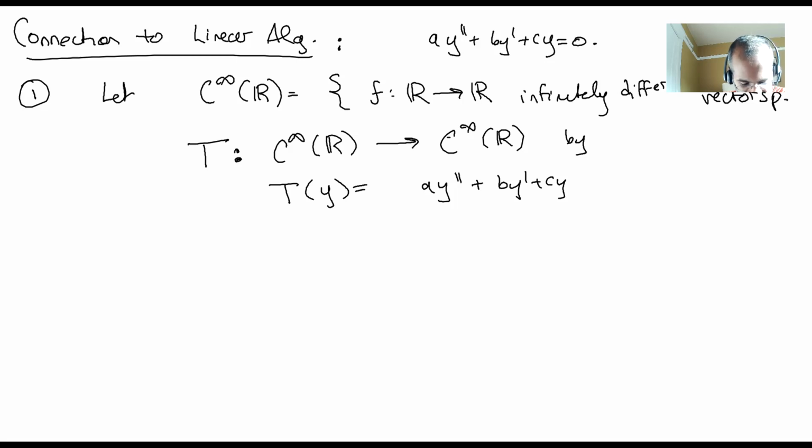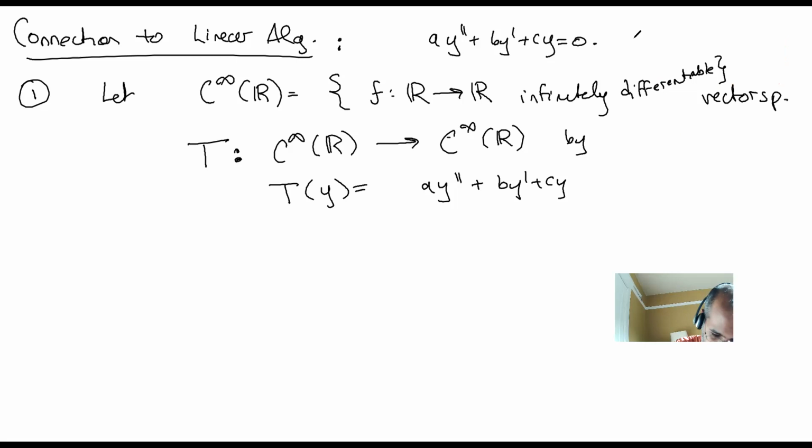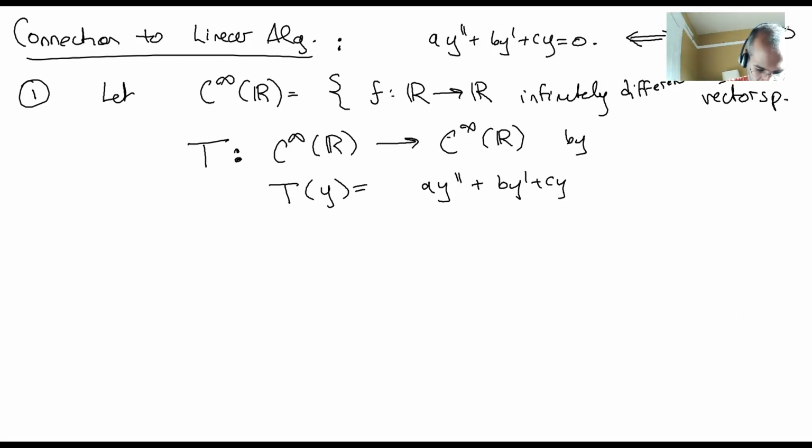Now you can check this is linear. It's not surprising by now, right? We've seen things like this are linear. It's a linear transformation between two infinite dimensional vector spaces. And so this equation is actually an equation that looks like T of y equals 0. And we have a name for that, right?